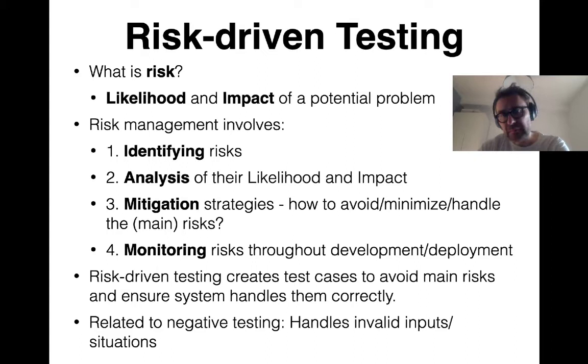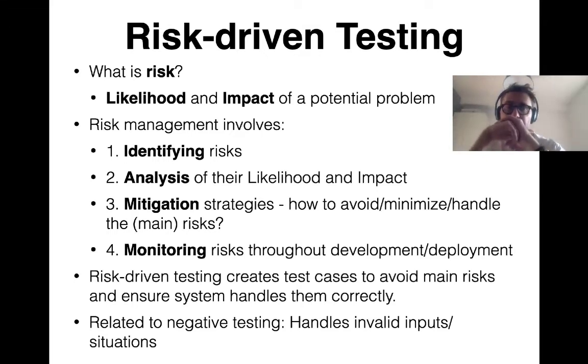If we go to risk-driven testing, this is the complementary technique. It's a little bit different. It's not enough here to have only a traceability matrix. The first question is, what is a risk? In engineering situations, we often talk about two aspects of a risk.